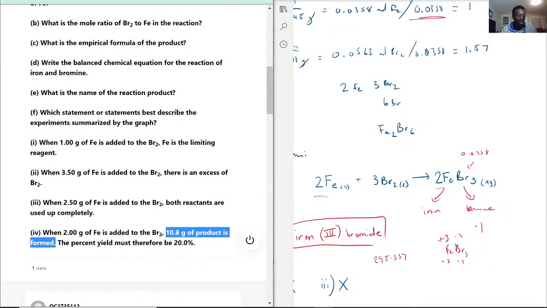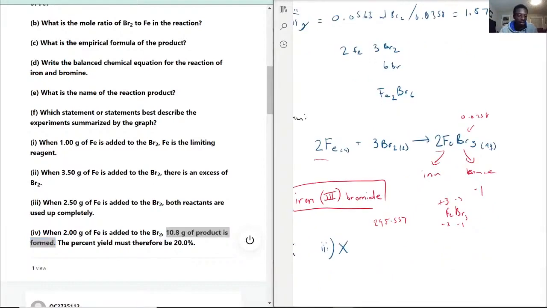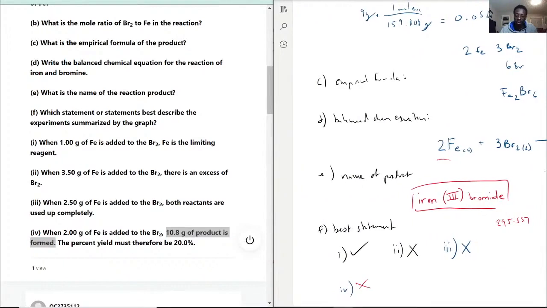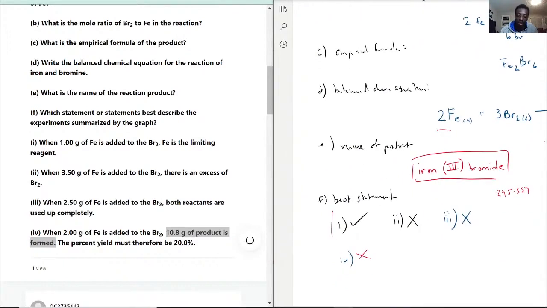So 10.8 divided by 10.58, our percent yield is 102%, which is not correct either for number 4. So the only best statement here would still be the first one.